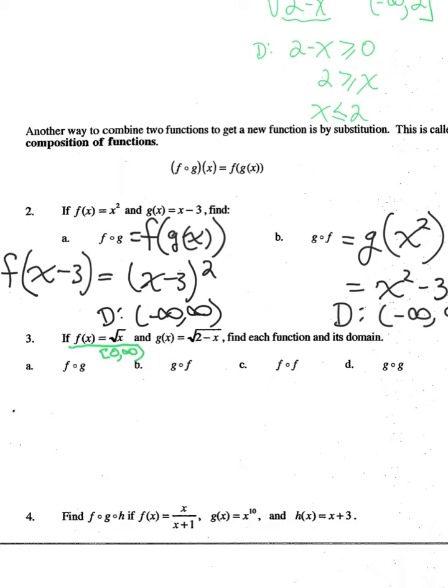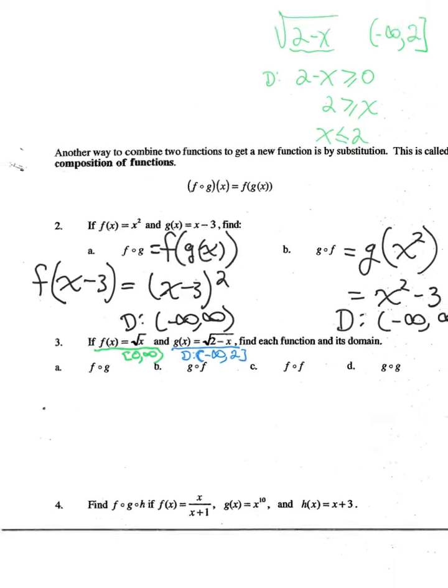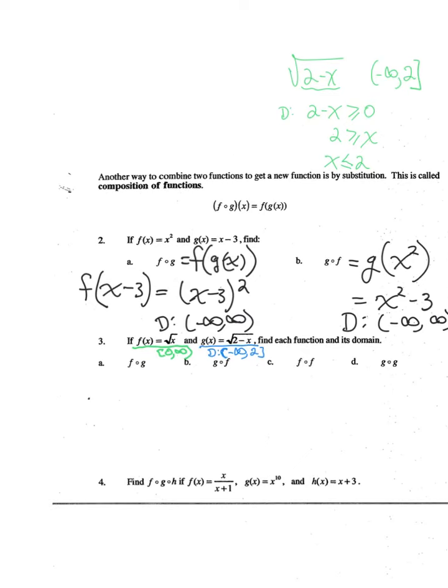Let me use a different color for g of x. So for g of x, here's my domain from round bracket negative infinity up to 2 square bracket. Okay, what happens when we start composing those functions though?